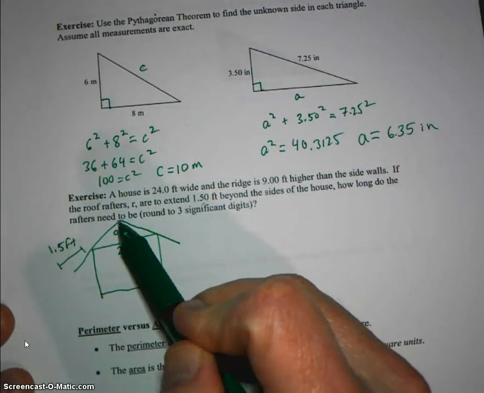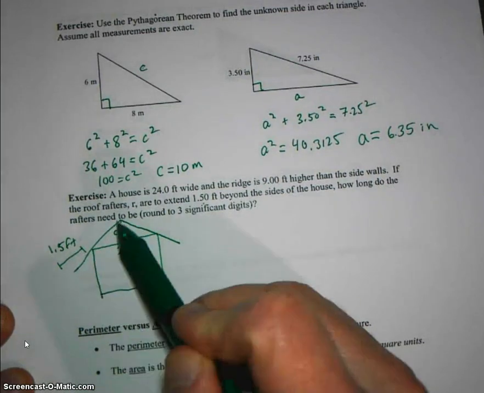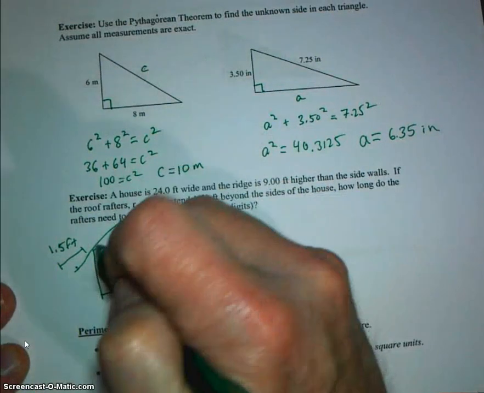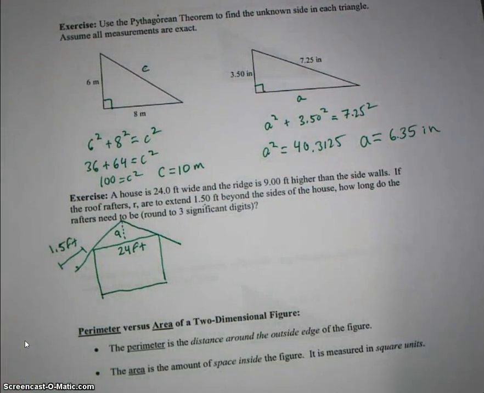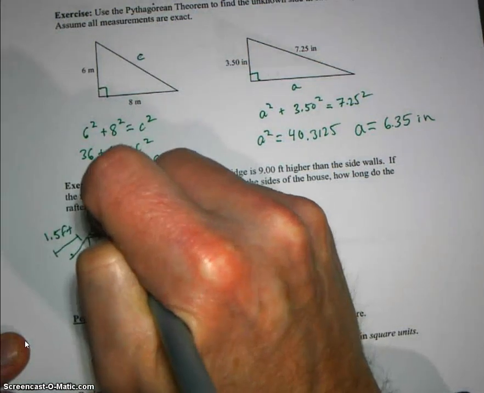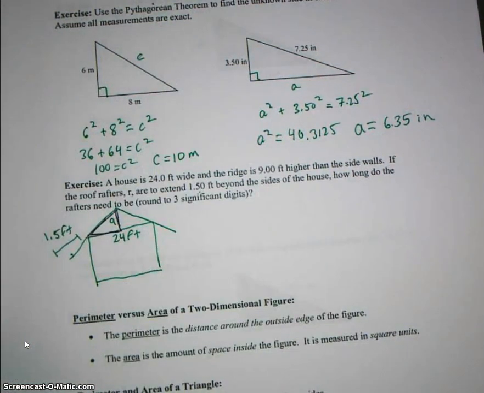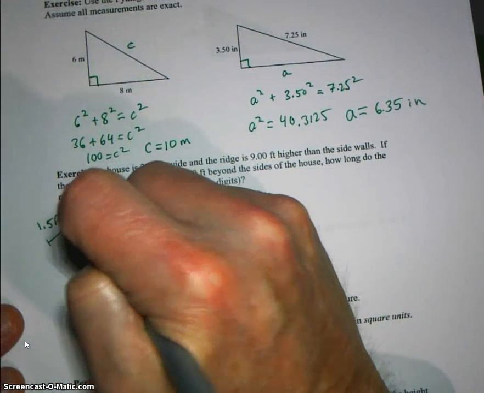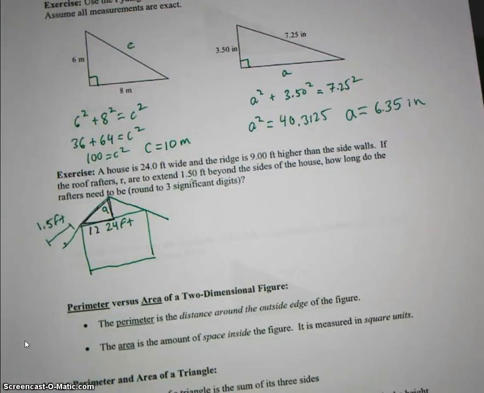What it wants to know is, what does this total distance have to be? So I think what we got to do is we got to consider this triangle, like so, and find the length of the hypotenuse. Notice this side will only be 12 feet.